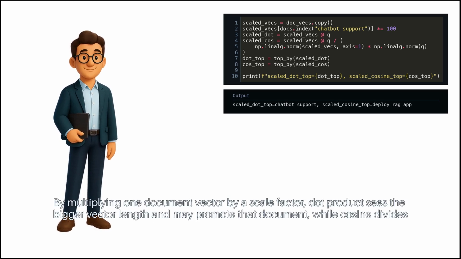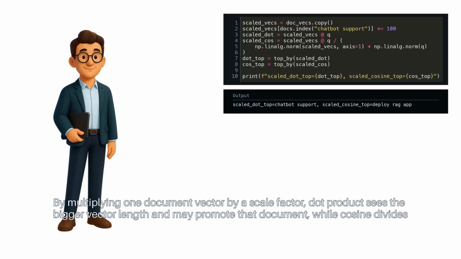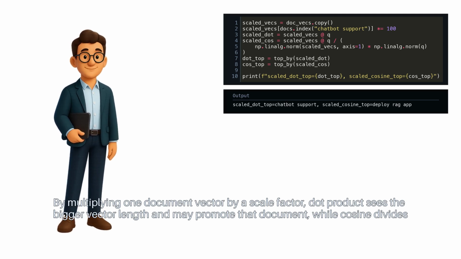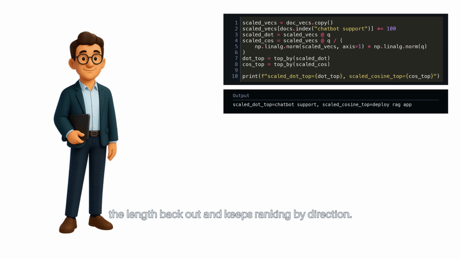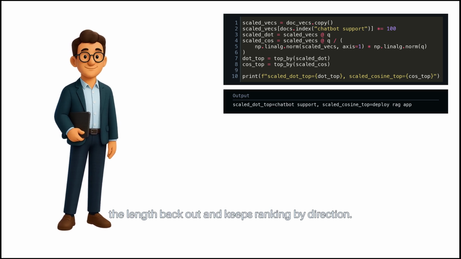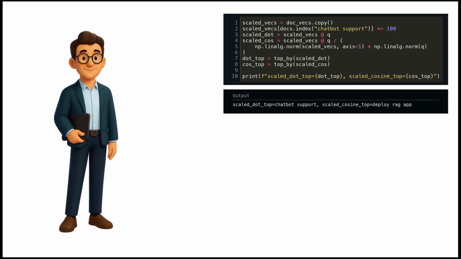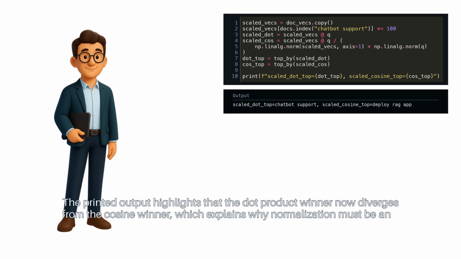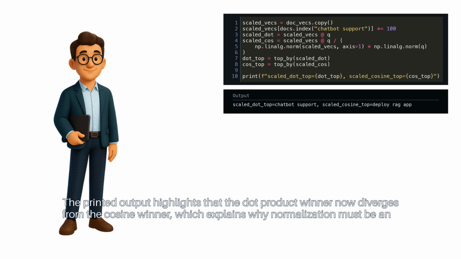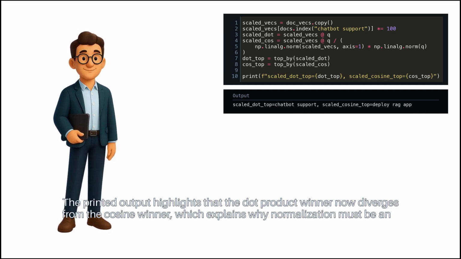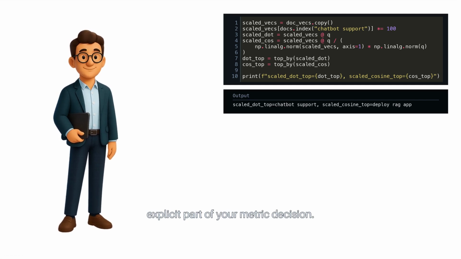By multiplying one document vector by a scale factor, dot product sees the bigger vector length and may promote that document, while cosine divides the length back out and keeps ranking by direction. That difference is exactly what can surprise teams when one index stores normalized vectors and another stores raw vectors. The printed output highlights that the dot product winner now diverges from the cosine winner, which explains why normalization must be an explicit part of your metric decision.